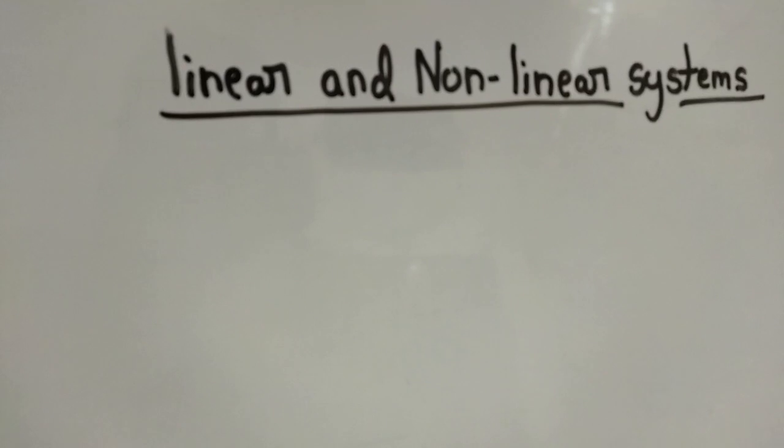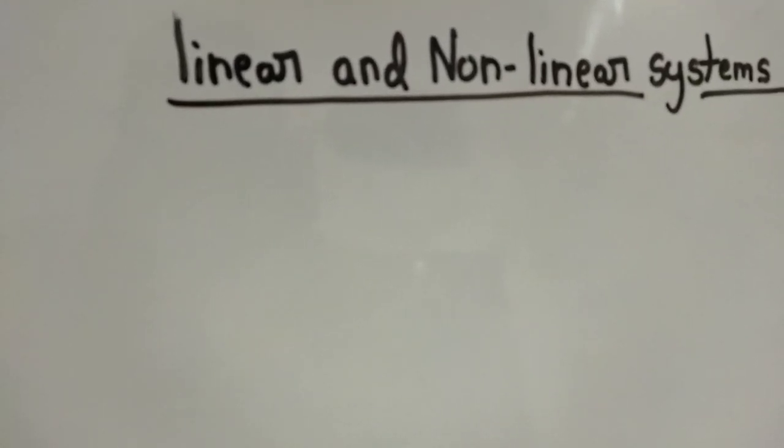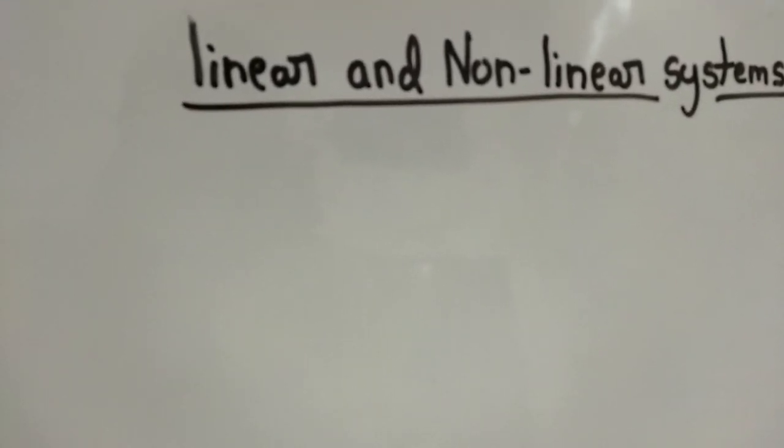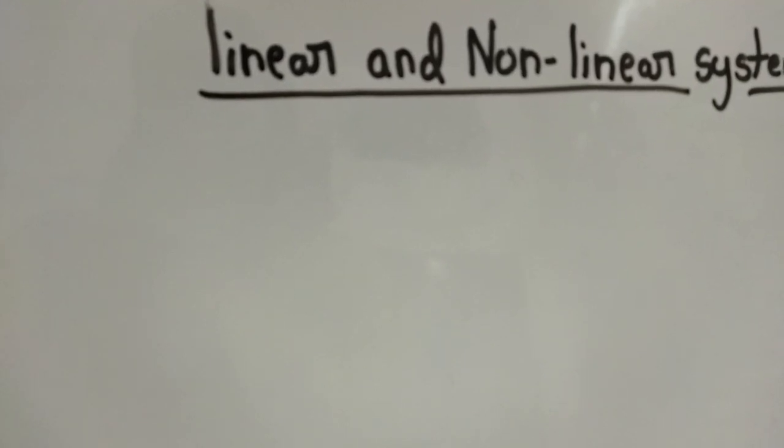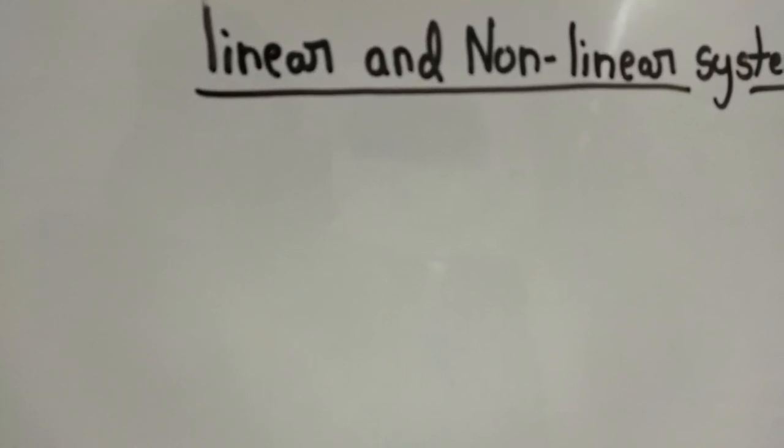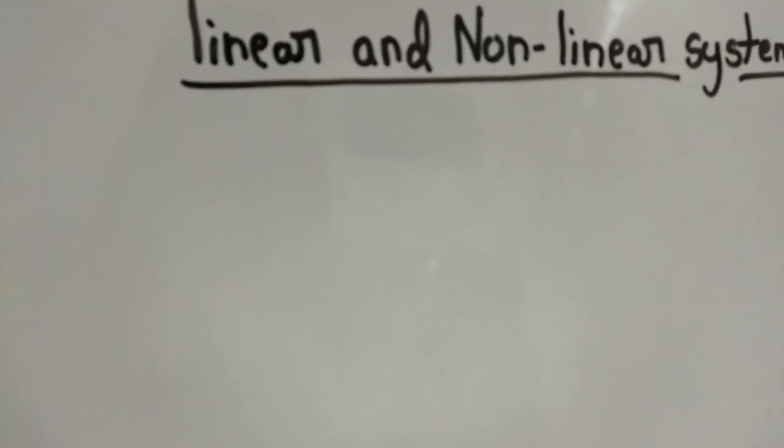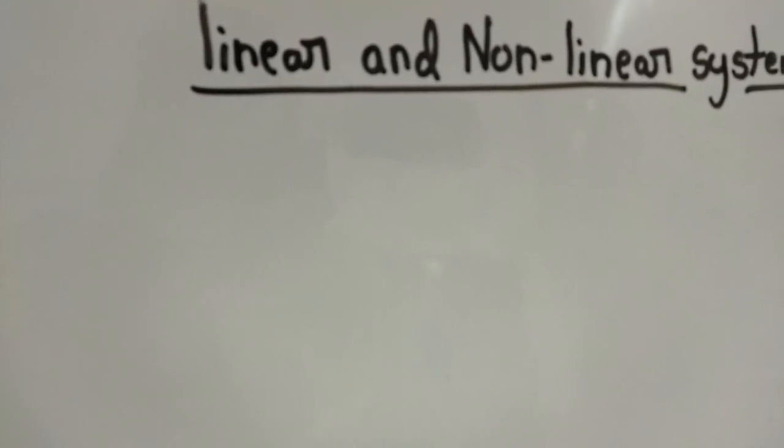A system is said to be linear or non-linear based on two properties: the additivity property and the scaling property.